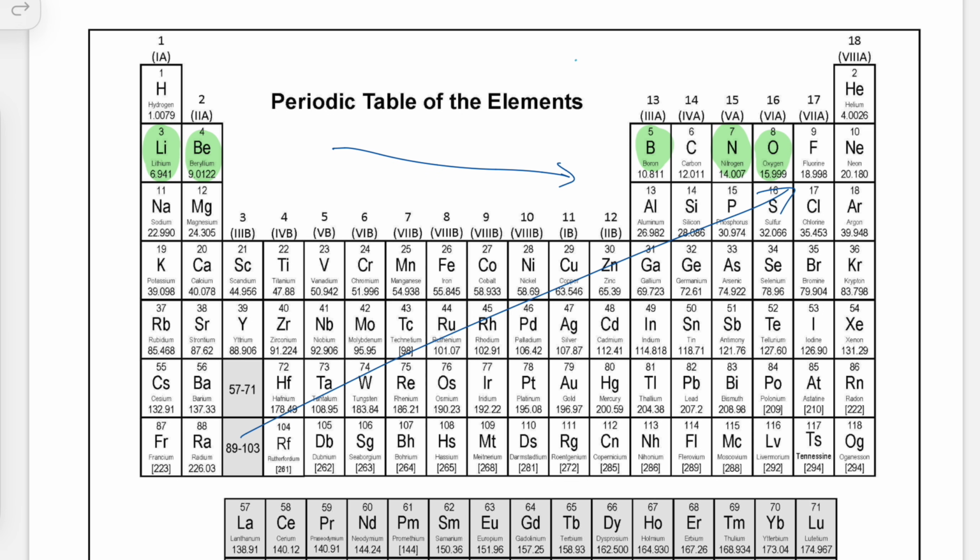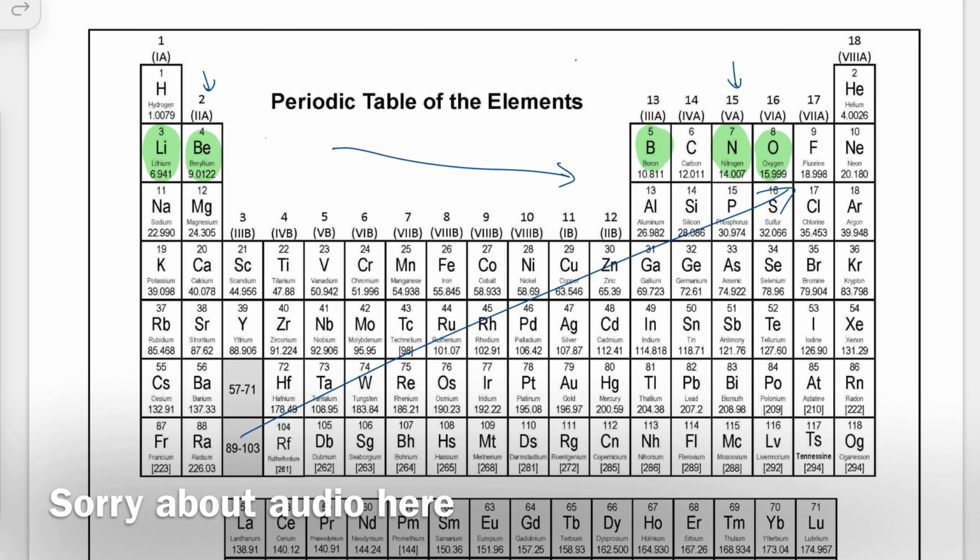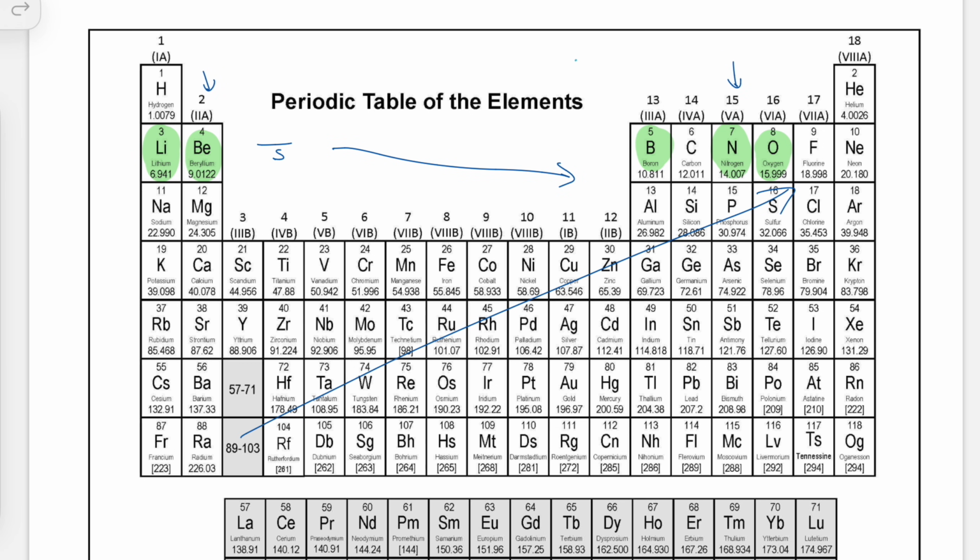But with ionization energy and electron affinity, there are two small exceptions to this, and that is with nitrogen and beryllium, and it has to do with the subshells. So basically, with beryllium, it has an S shell, and it has 2 electrons.